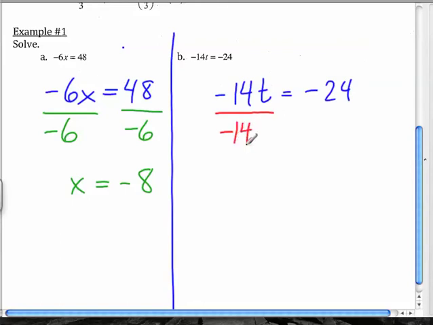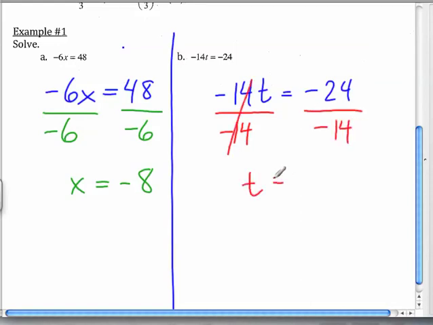So I divide by the thing that I want to get rid of. Okay, so I want to divide this side by negative 14. These will cancel and it leaves me with t. And this I just have to reduce. And I think that 2 goes into both of them. Negative 12. Oh, but it's a negative over a negative. That makes it positive 12 over 7. Good job.